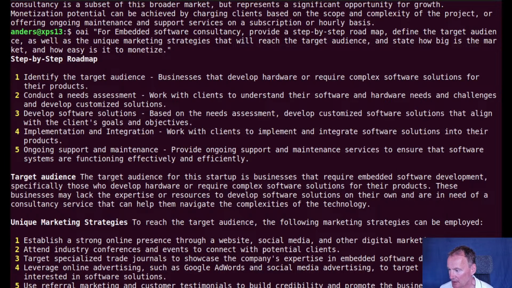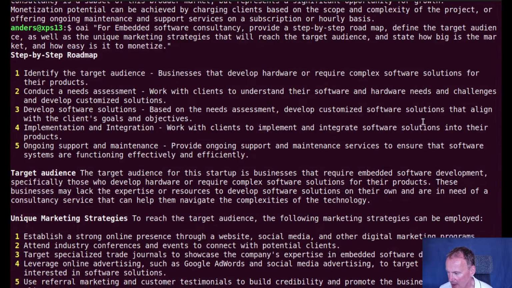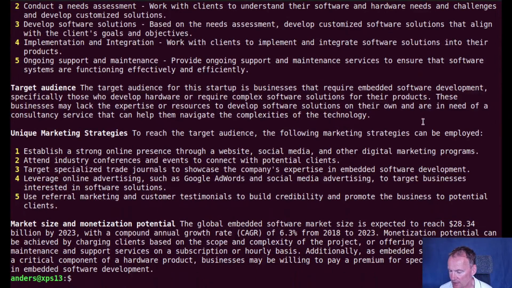So I can't really say much about the roadmap. Sounds fine to me. I think we got something there. The target audience. Special.